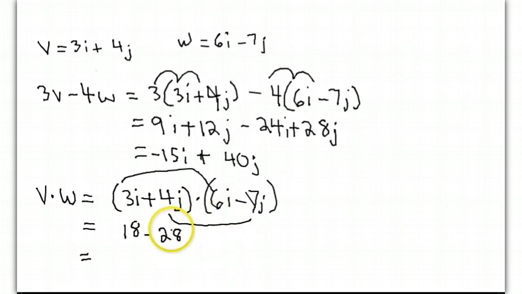You don't write the j down, you just write negative 28. And once you get your two numbers, 18 minus 28, you just do the math with that, that's going to give you a negative 10. So the dot product of v and w, v times w, comes out to negative 10. And that's how you do the dot product.